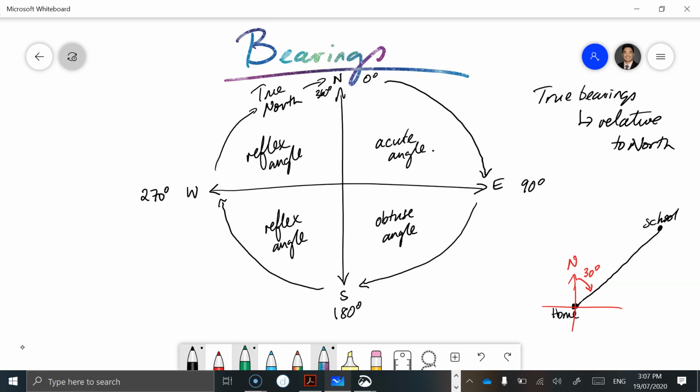But if we were at school, again all relative to north, and we want to know the bearing or orientation of your home from school, we start at north and go all the way around to the direction you would go to get home.